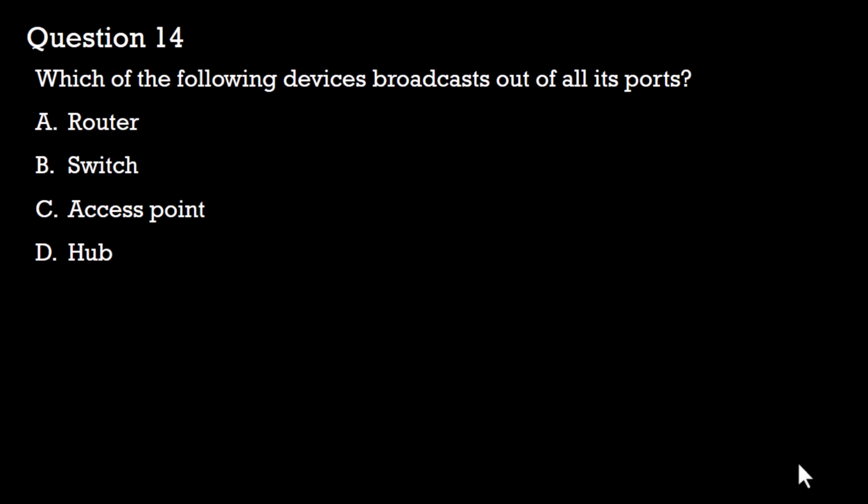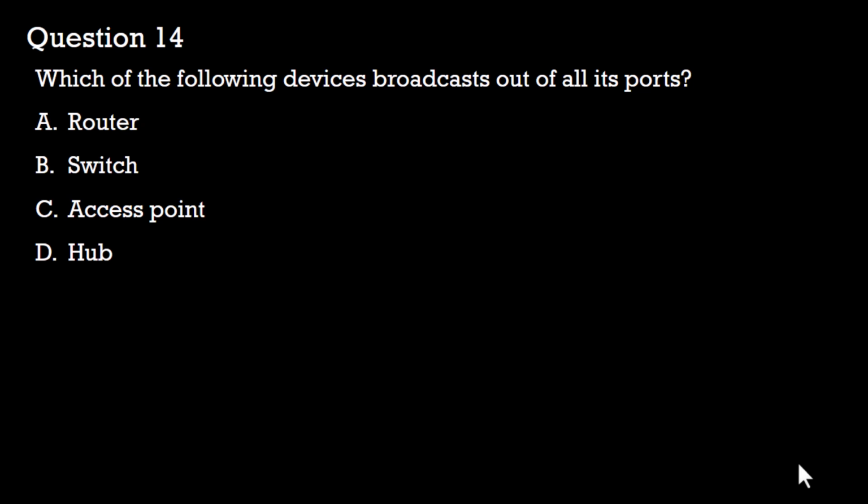However, it does not broadcast data out of all its ports. A switch operates at layer 2 or the data link layer, and it directs data packets to specific ports based on the MAC addresses. An access point connects wireless devices to a wired network, but it does not broadcast data out of all its ports.